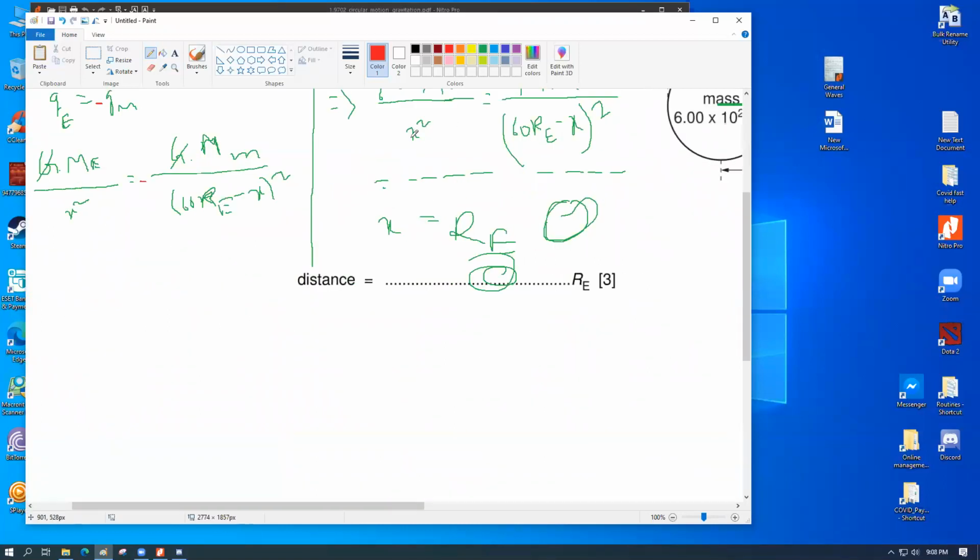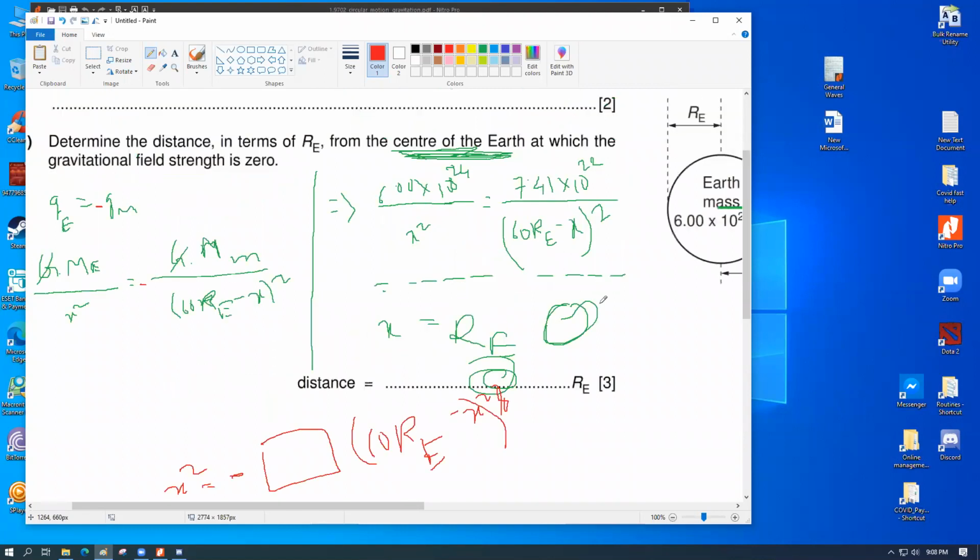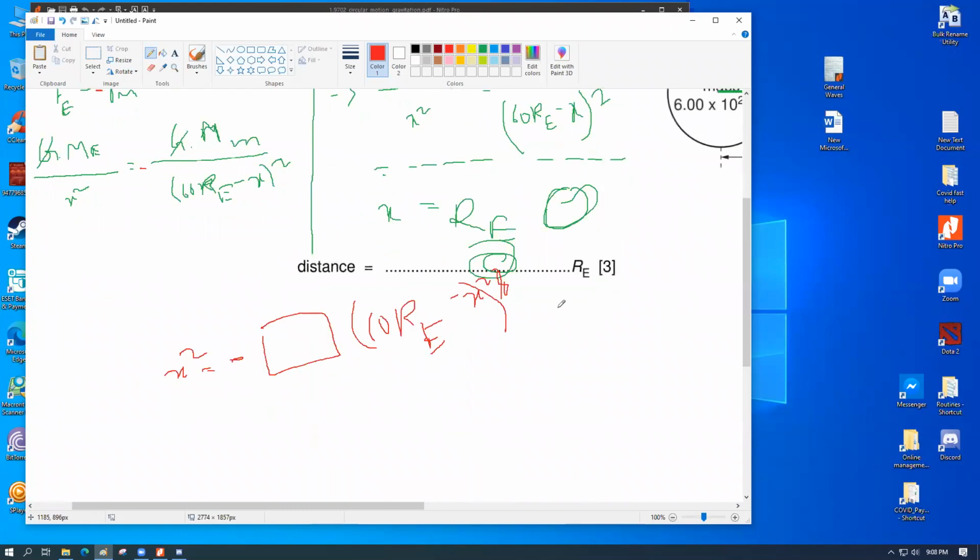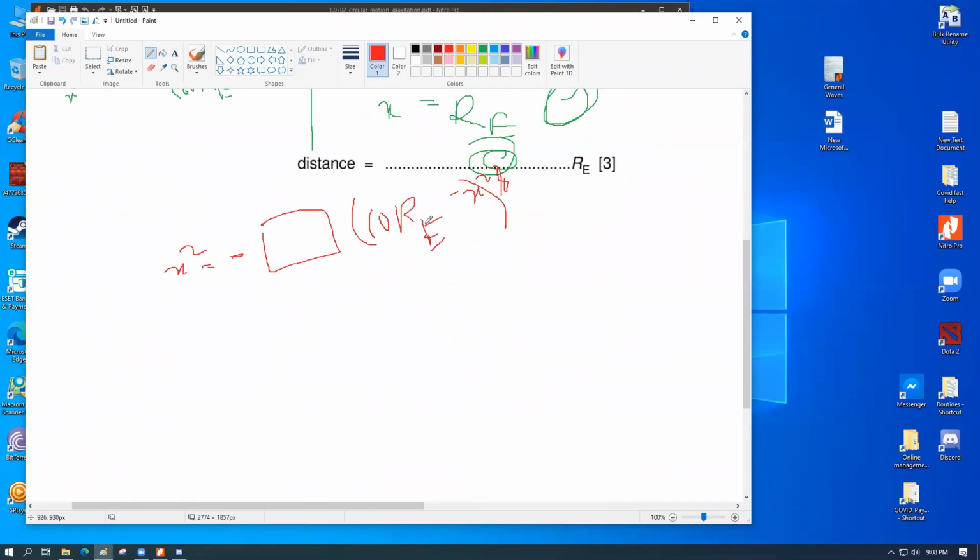This equation ultimately looks like this: x square equals to some number, which would be the division of these two numbers, with a minus in front, so that number into 60 re minus x whole square. Once you do this multiplication, you get a square on this side, and ultimately there will also be a minus square on the other side. So after you change sides, the squares will not cancel out, and this will once again become a quadratic equation.